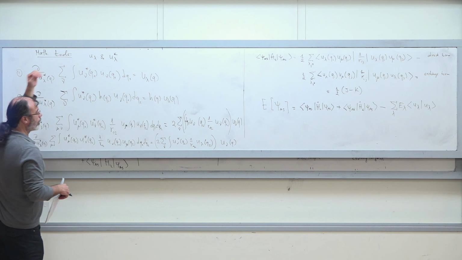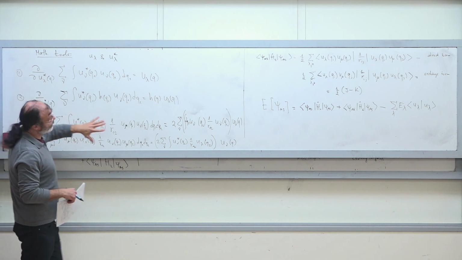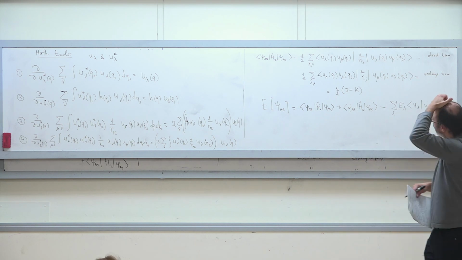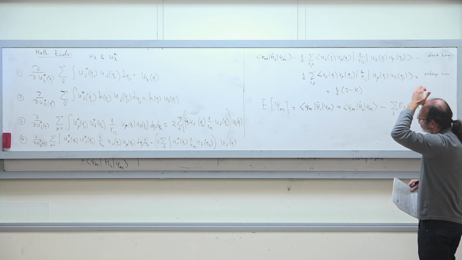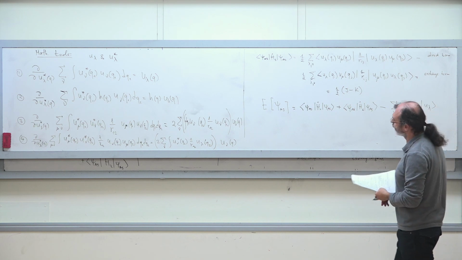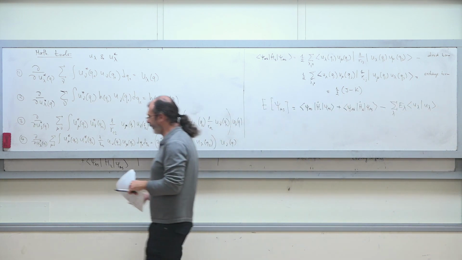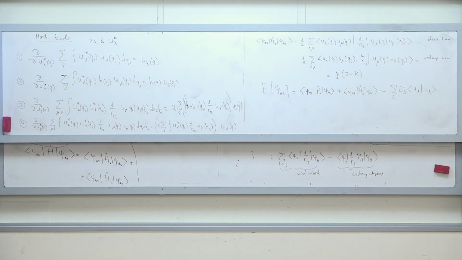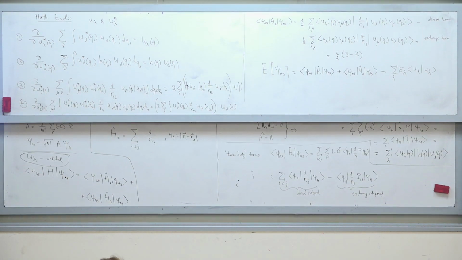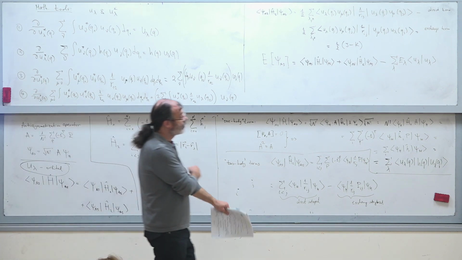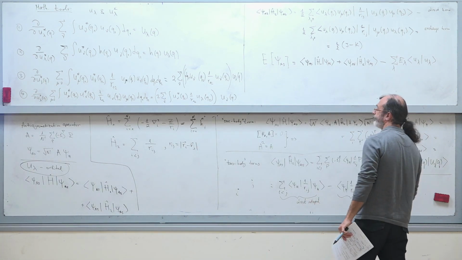So that's sort of the tools that we need in order to make the variations of this energy functional. And therefore, after applying all these tools and variations, we should end up with the equation that describes the orbitals.